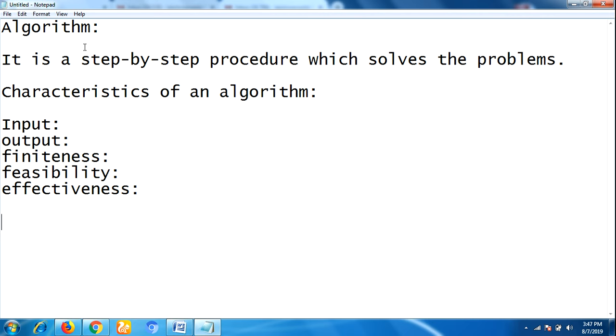First, input. An algorithm should have zero or more well-defined inputs.